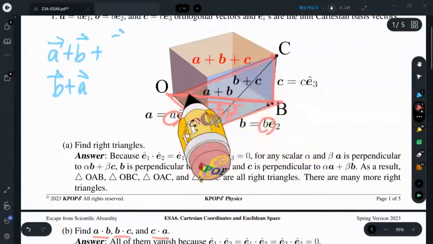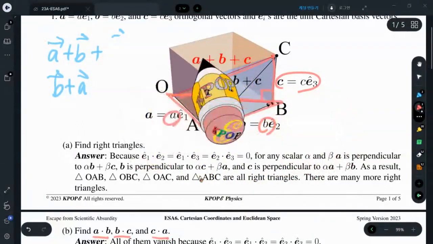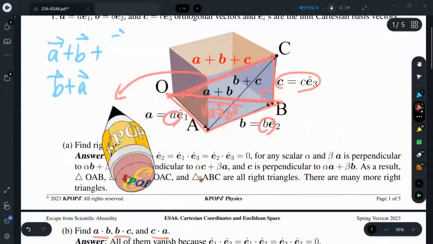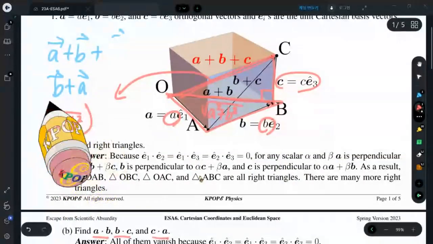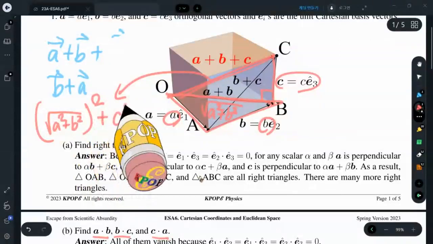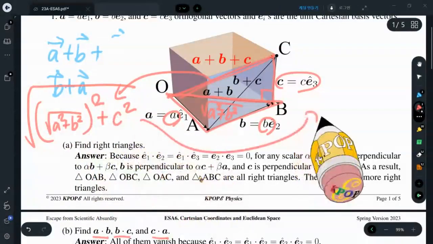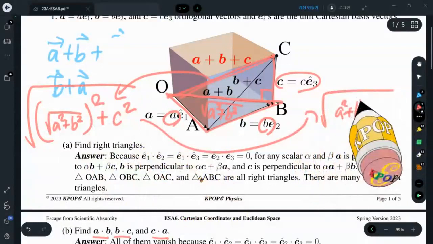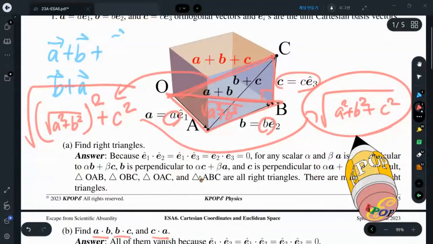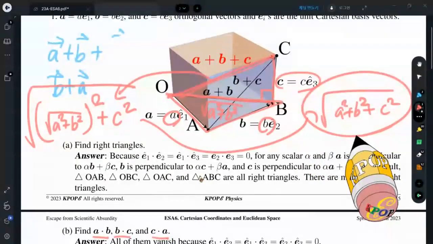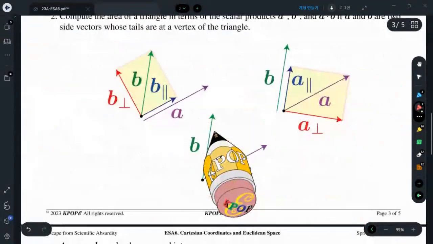And this is also a right triangle. This side is C. So the length of this hypotenuse is the square root of A squared plus B squared plus C squared. Three-dimensional case is a simple extension of the two-dimensional case.